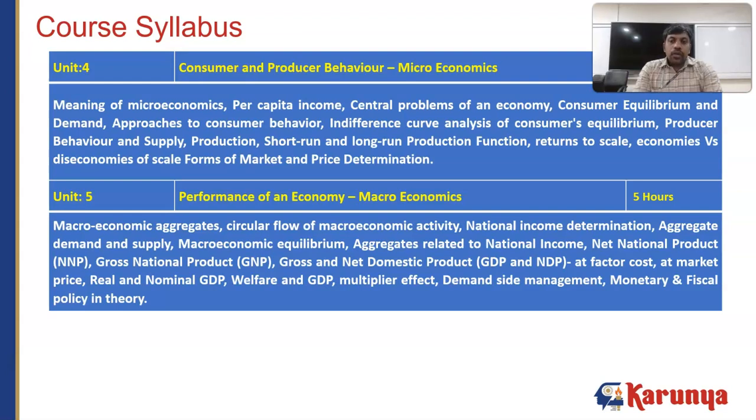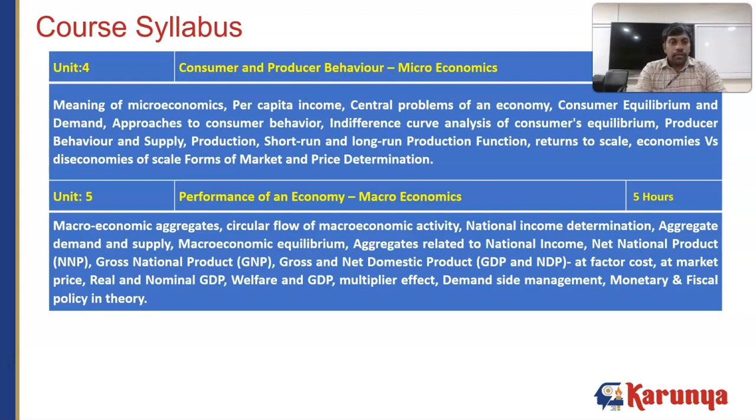In Unit 5, you will study about the performance of an economy. So it is entirely dealing with the macroeconomic system. Macroeconomic aggregates, circular flow of macroeconomic activity, national income determination, aggregate demand and supply, macroeconomic equilibrium, aggregates related to the national income, net national product, NNP, gross national product, GNP, gross and net domestic product, GDP and NDP, at factor cost, at market price, real and nominal GDP, welfare and GDP, multiplier effect, demand side management, monetary and fiscal policies in theories.